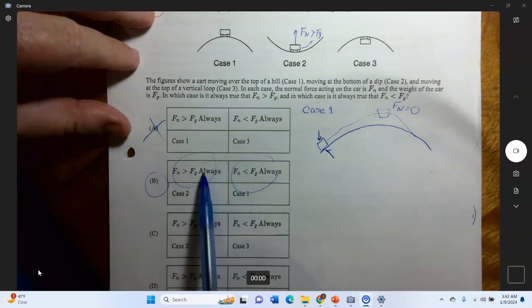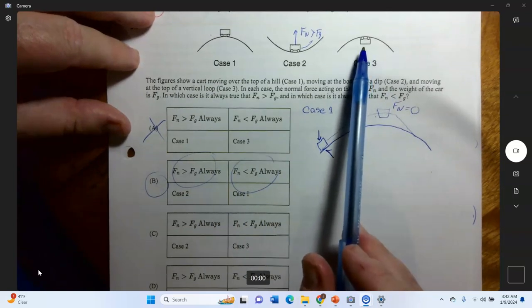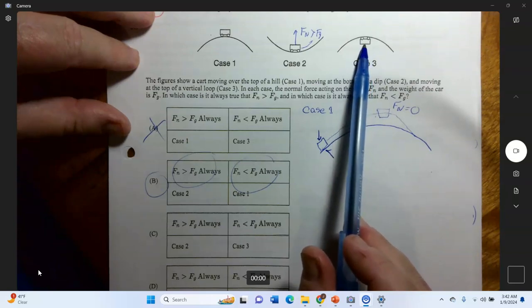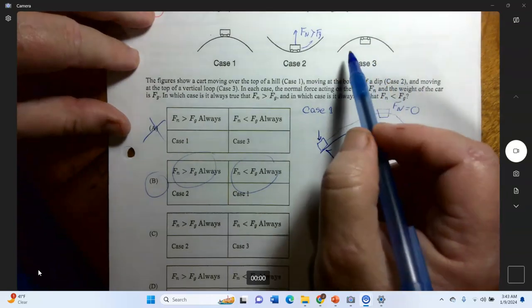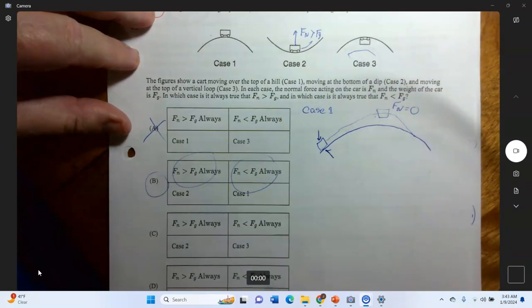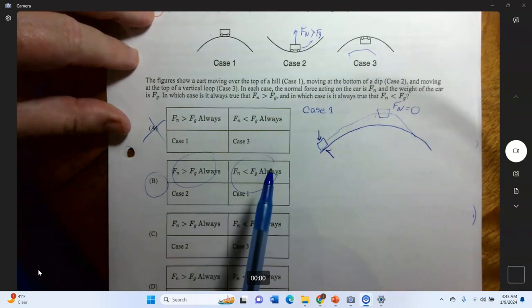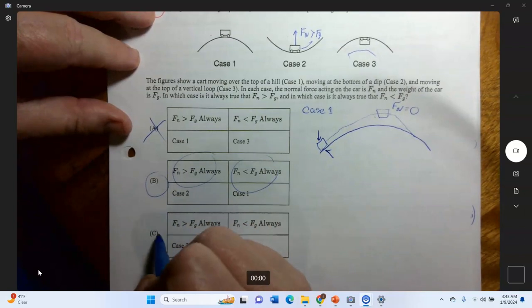Okay, so we said that already right here. Is Fn less than Fg always here? No, because if the force holding it to the track is less than the gravitational force, it's going to fall. If this goes too slow, then the gravitational force is going to win, and it's going to cause that to fall. So this is not true.